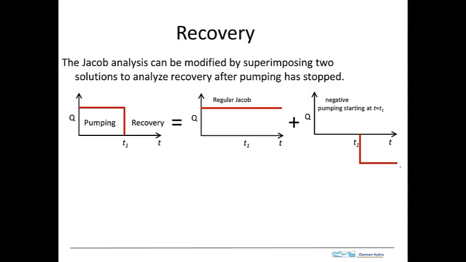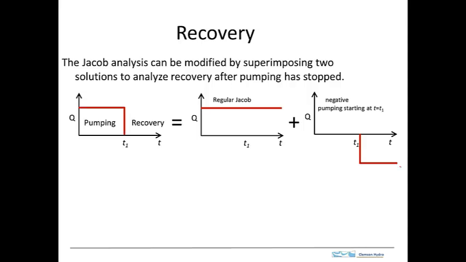We're measuring water levels then, and it would be nice to be able to use those data as well. As it turns out, we can do a simple little trick to take the Jacob analysis that we've developed for pumping and use it to analyze the recovery of the well.